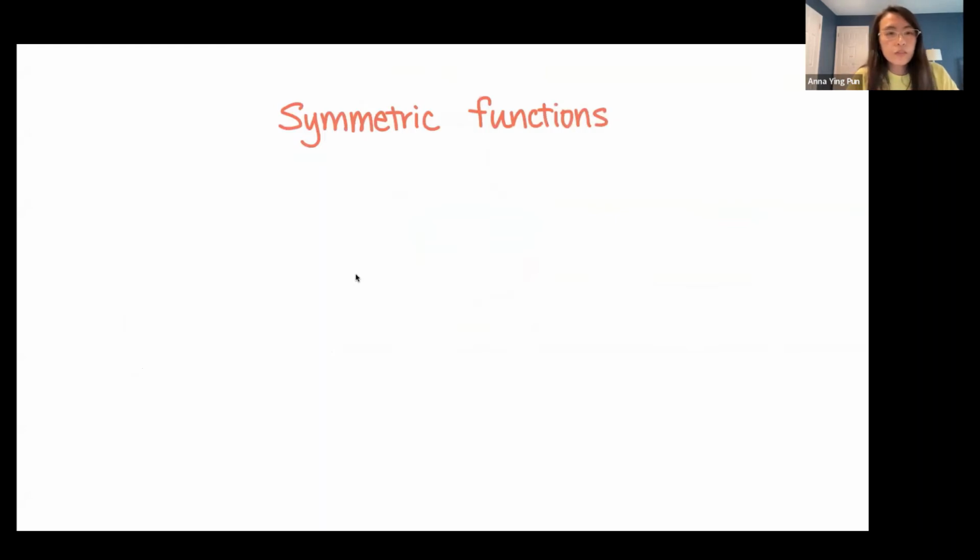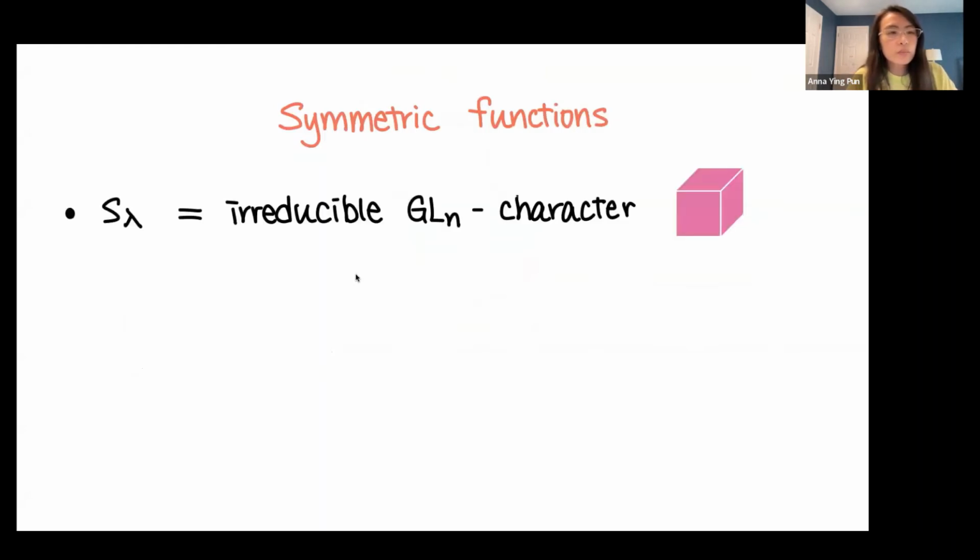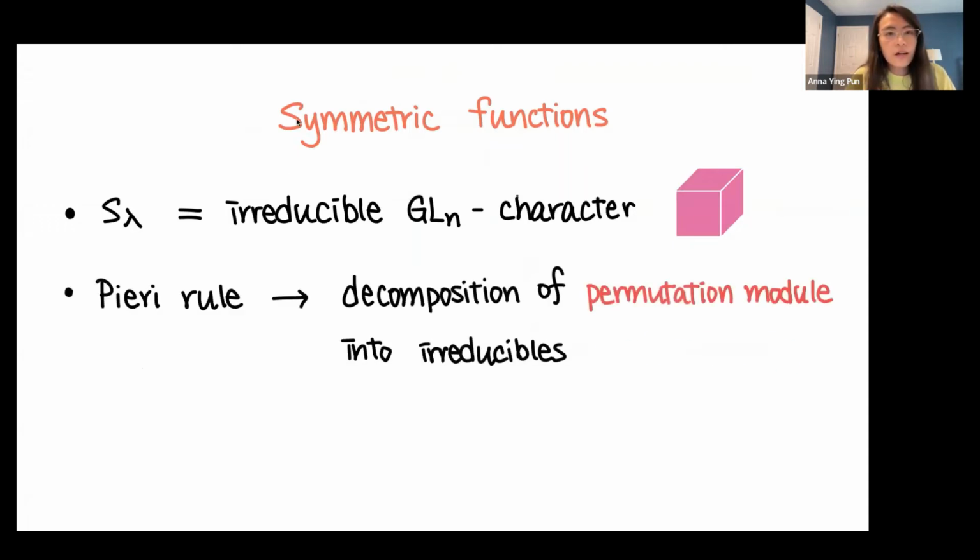So in symmetric functions, just to give you an example, our Schur functions are these blocks. They are the irreducible GL_n characters, so you cannot further decompose them. And then the Pieri rule that we talked about is basically just telling you how to decompose, right?